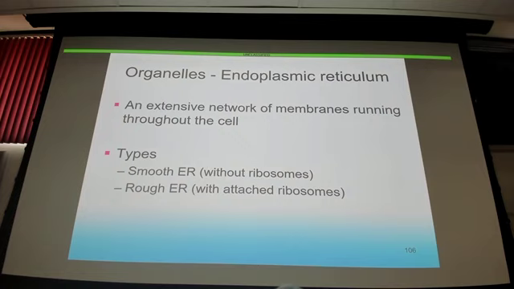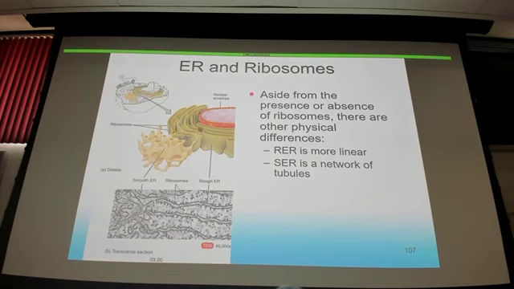Another organelle is the rough and smooth endoplasmic reticulum. If it's smooth, it doesn't have ribosomes on it. If it's rough, it does. When we look at the rough endoplasmic reticulum, it's normally attached to the nuclear envelope. Not always, but most of the time it is.